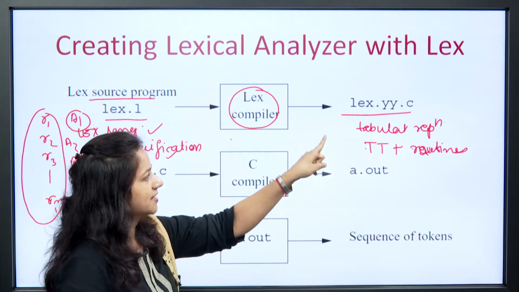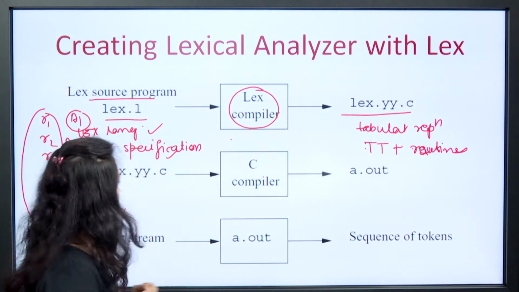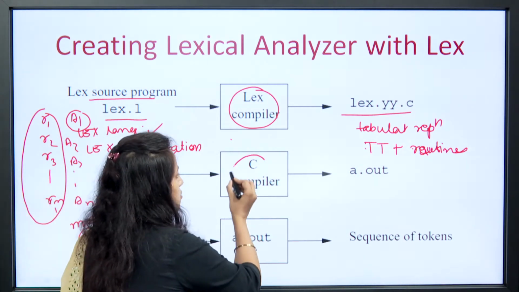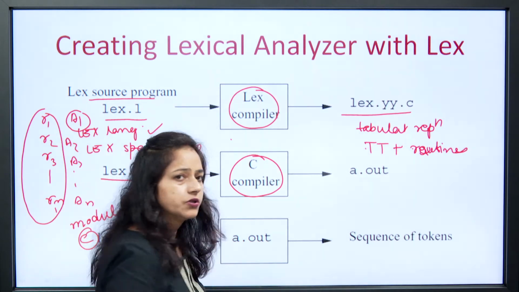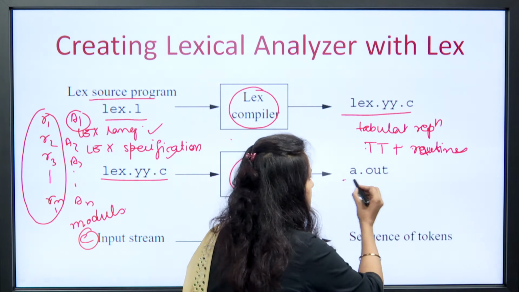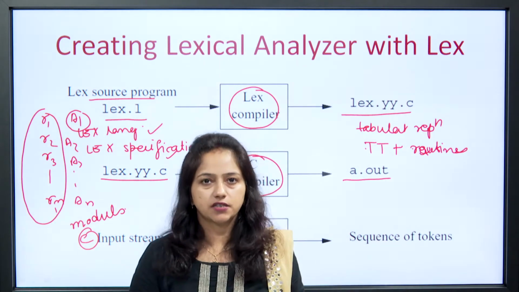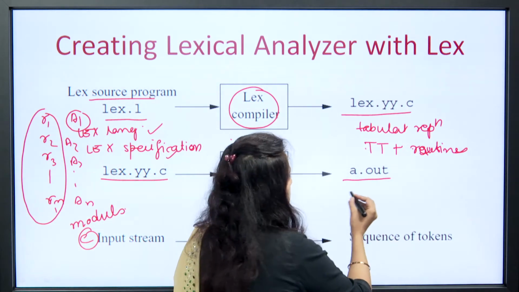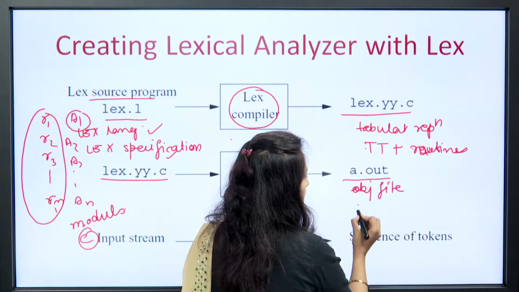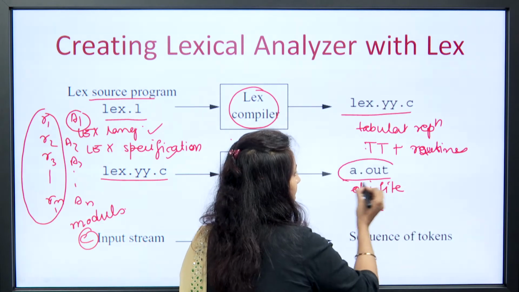So, this is lex.yy.c. Next, lex.yy.c will be input to the C compiler, and as output it always produces a file, a.out. This a.out is actually the object file, and this object file is our lexical analyzer.